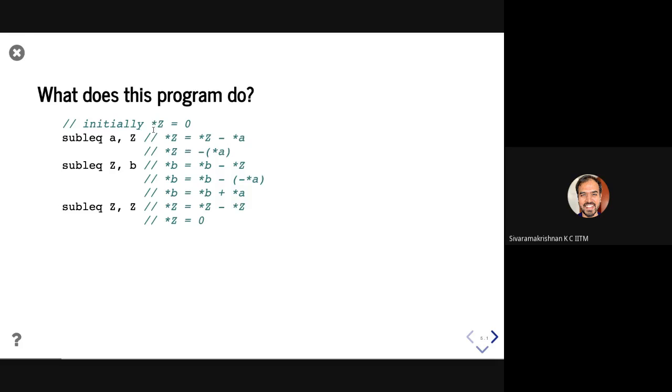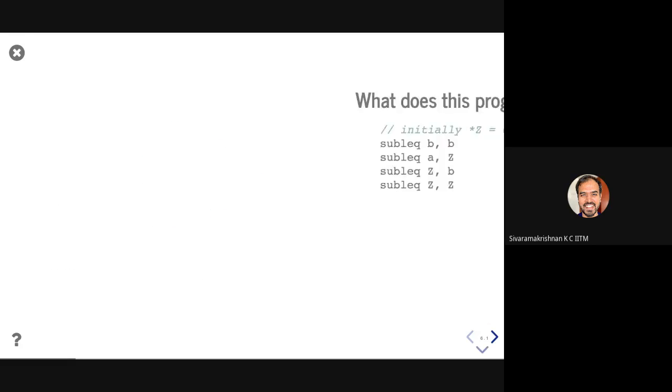Initially, the value at location Z was 0. Now it's 0 again. And in the intermediate process, B is now the value at B plus the value at A. In fact, to give you a high-level term, it does addition. Given two memory locations, it's adding the values in those memory locations in the second location. So we can do addition.